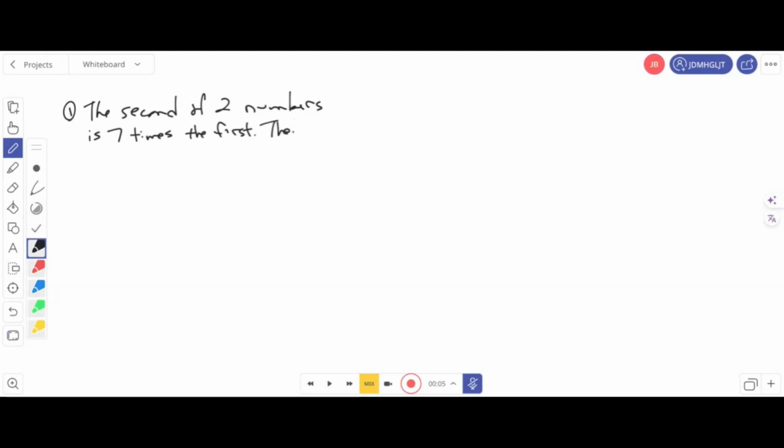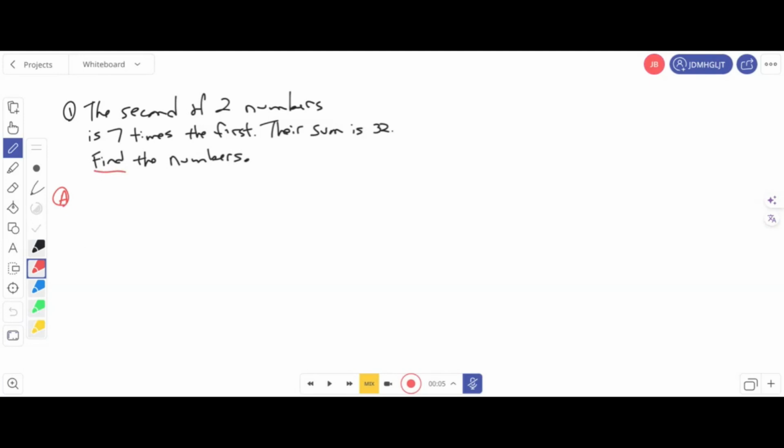Their sum is 32. Find the numbers. The second of 2 numbers is 7 times the first. Their sum is 32. Find the numbers.